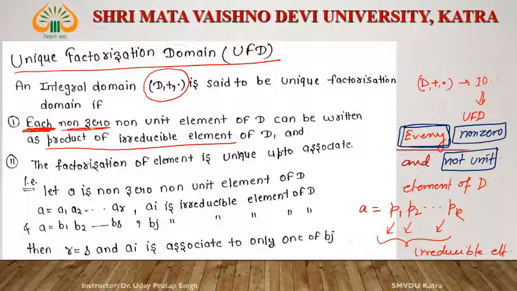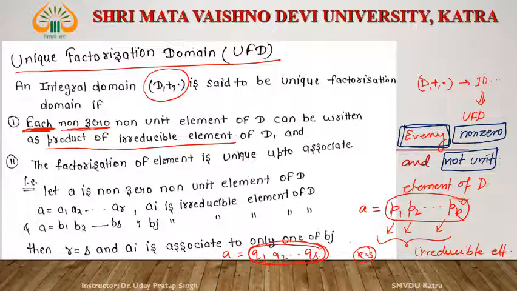It means if a can be written as q1, q2 up to qs, then k is equal to s, the number of factors here is equal to the number of factors there, and each pi is associate to some qj. So first let us see what is associate.